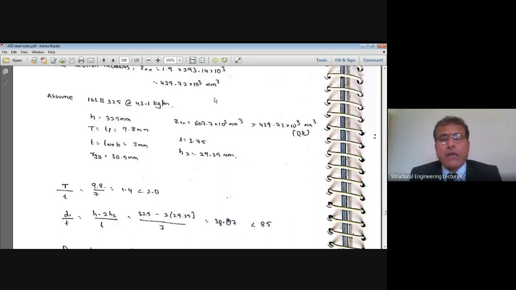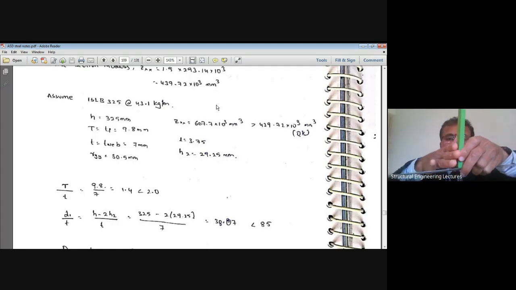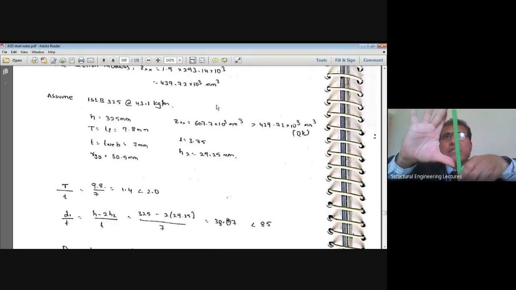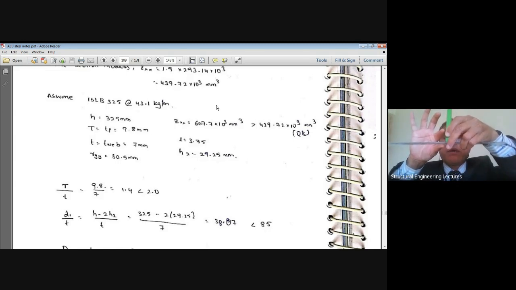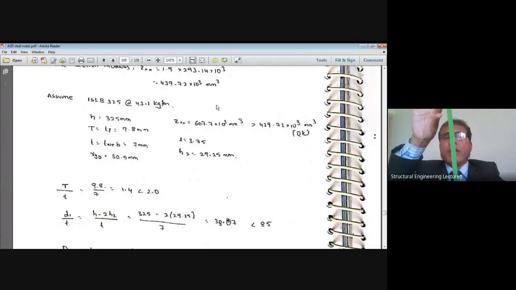Then it will meet the web. It will meet the web after that curve, right? Therefore the rest is just a straight vertical portion of this web of uniform thickness TW 7 mm, right? Therefore, that is how this is h2 which is 29.25, even at the top 29.25.